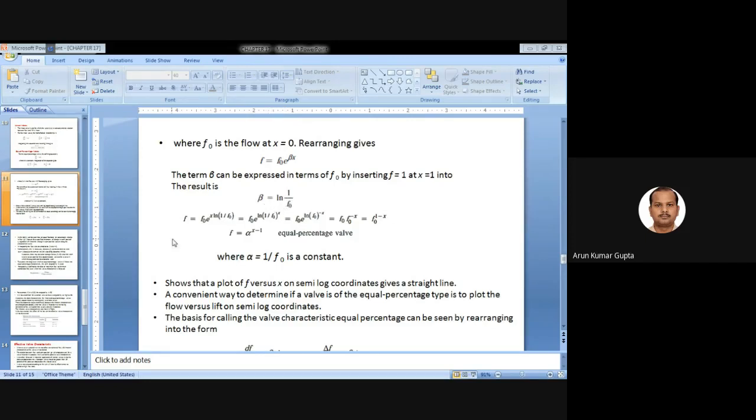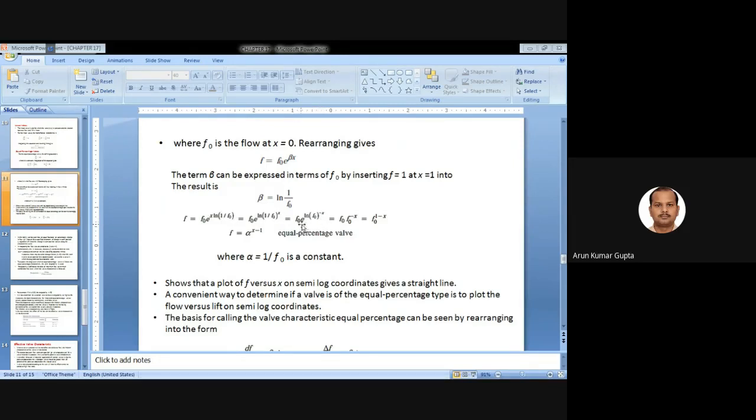If you substitute this, f equal to f naught e to power x ln 1 upon f naught. Mathematically we can simplify this: you can take 1 upon f naught to power x, right? So 1 upon f naught to power x means f naught to power minus x.